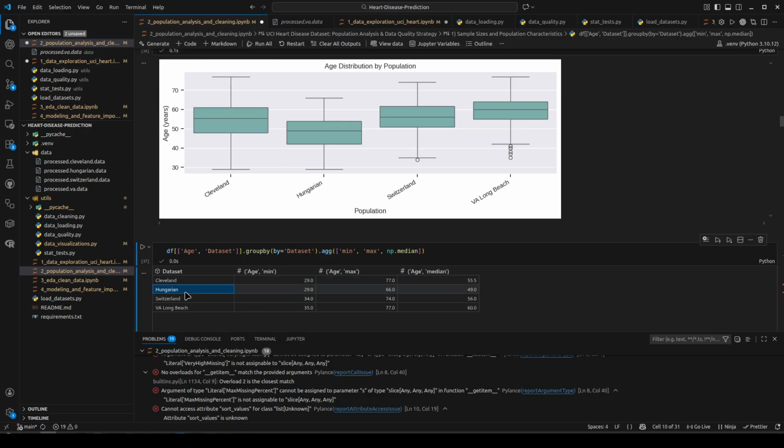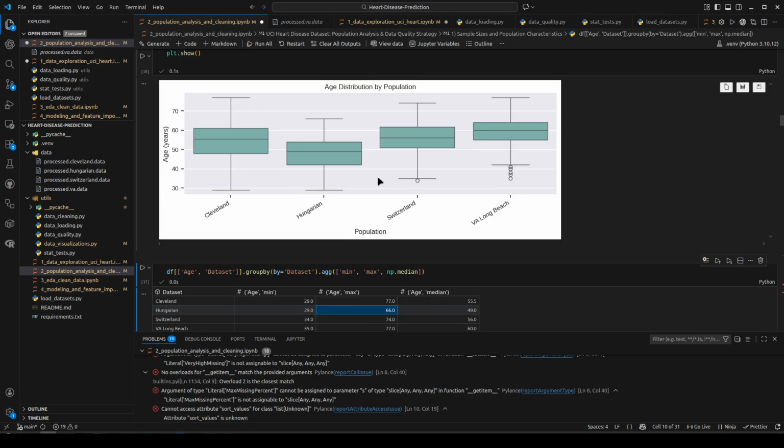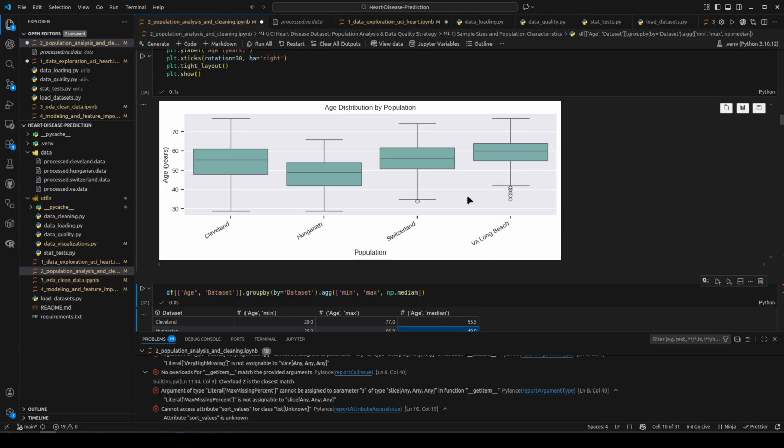We find that Cleveland and the Hungarian data have close values for their mins and maxes. Well, actually, Cleveland has a significantly larger max. The Hungarian population appears to be the youngest. And I mean, it is, as you can see here.